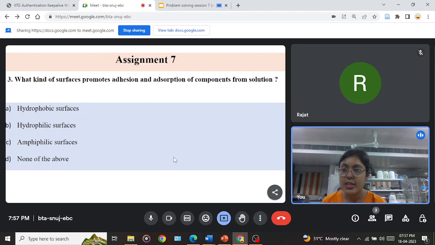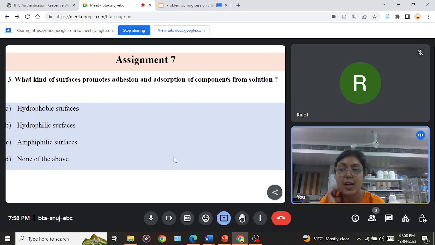So the third question is, what kind of surfaces promotes the adhesion and adsorption of components from solution? So you have to say what kind of surface nature promotes the adhesion or adsorption of components from the solution.